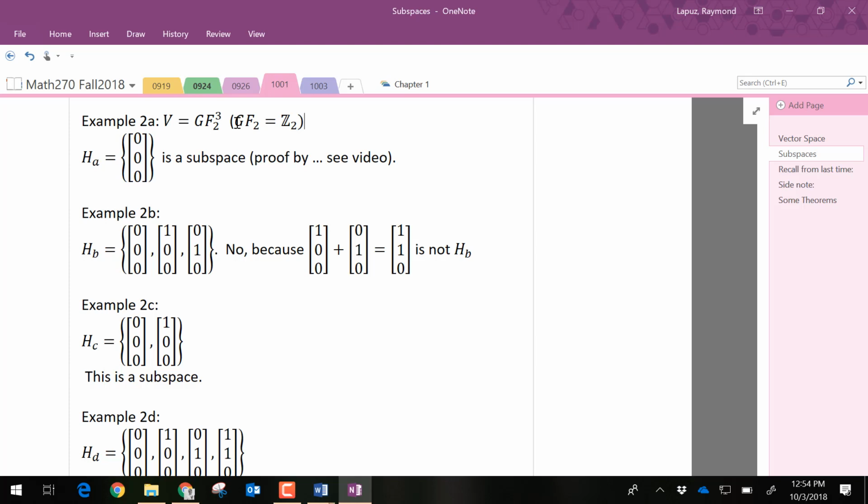So Z sub 2 is the set of integers that only has 2 elements in it. And there's a Z5 that has 5 elements, 0, 1, 2, 3, 4. That's Z5, and then Z whatever. You can look at the clock and call that Z12.